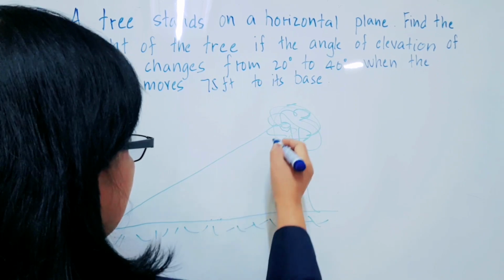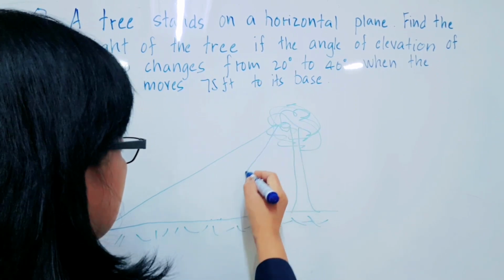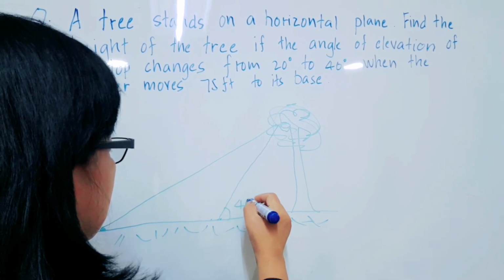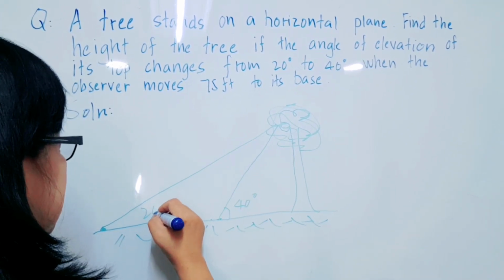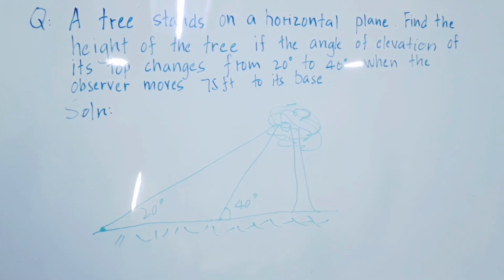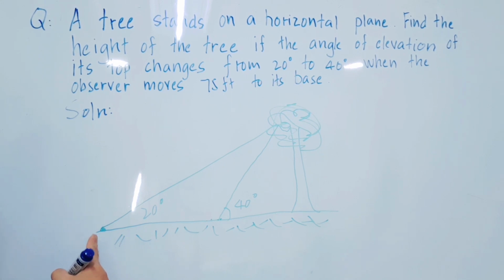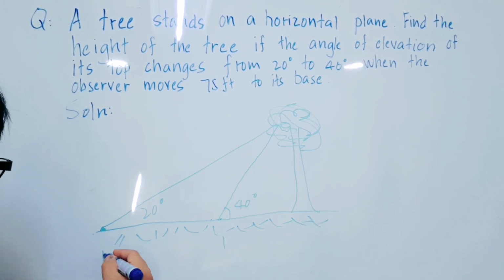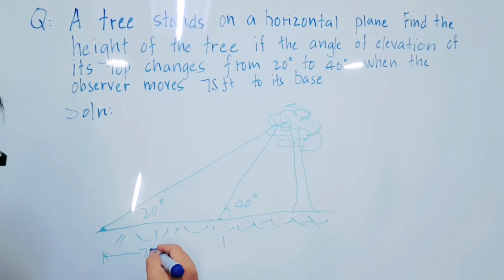Now, for example, you will see this one. This is at 40 degrees. And this is at 20 degrees. And the observer moves 75 feet. So from here, the observer originally here moves to this point. So from here to here, it is 75 feet.